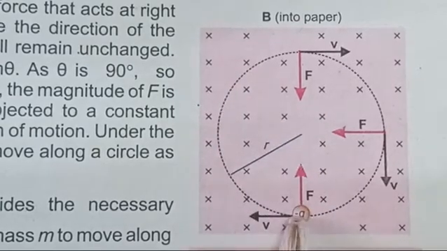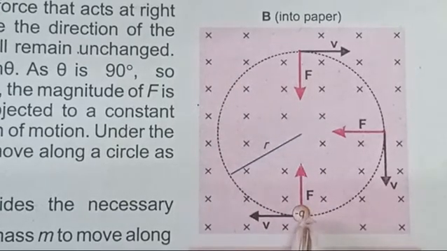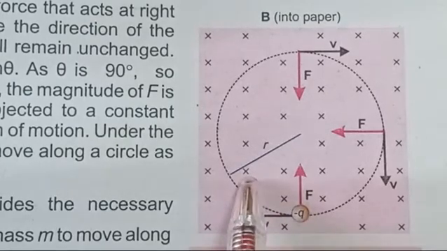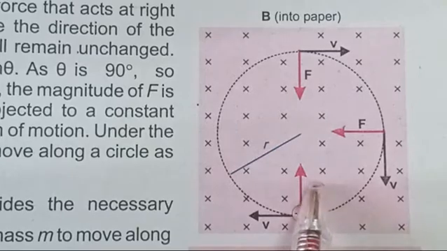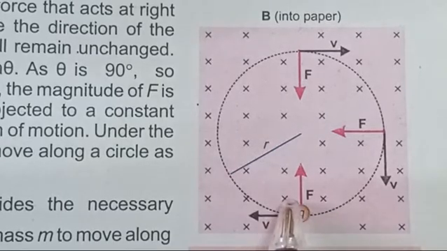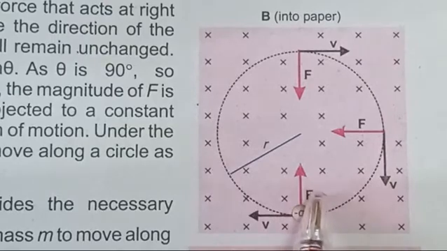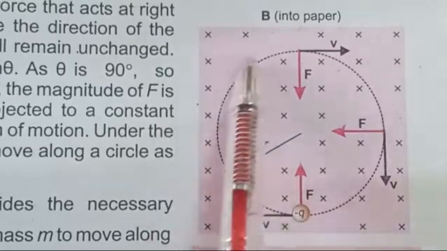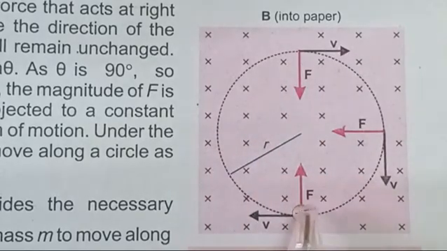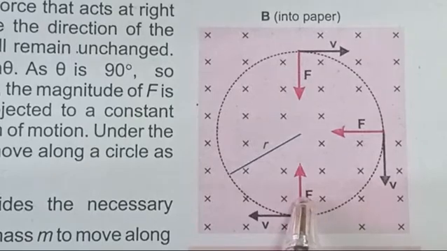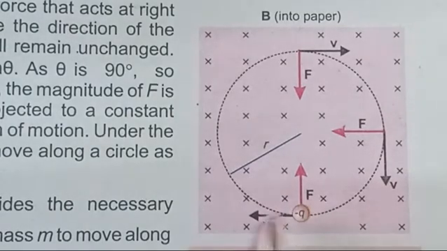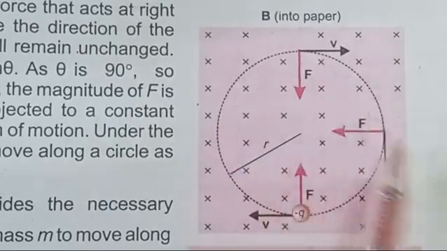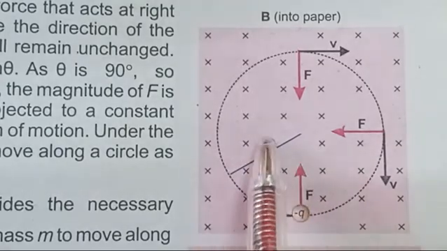Secondly, there is a negative charge, an electron, with some speed v, and due to the action of the magnetic field the charge experiences a force F. The angle between v and magnetic field B is 90 degrees, while the force is perpendicular to both v and B. When we provide the necessary centripetal force to this charge, it tends to rotate in a circular path as shown in this figure, and this circle made by the electron has radius r.